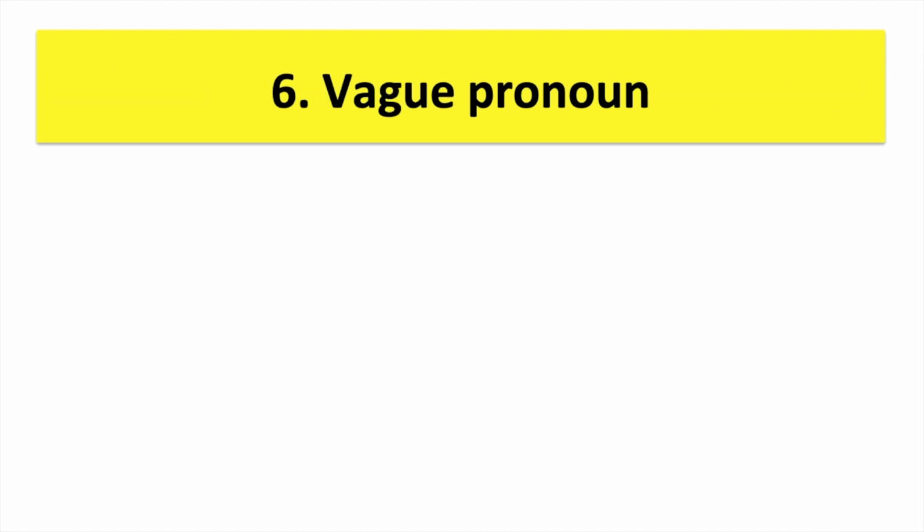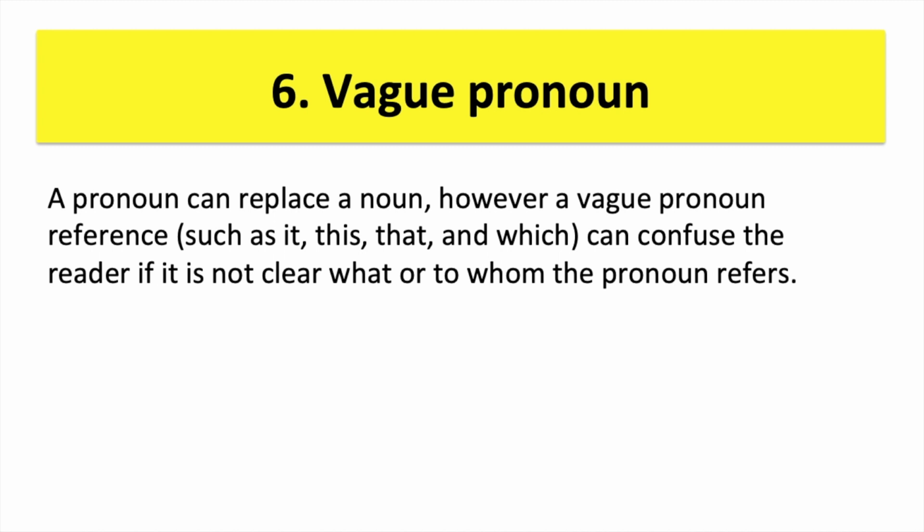Vague pronoun. A pronoun can replace a noun. However, a vague pronoun reference such as it, this, that, and which can confuse the reader if it is not clear what or to whom the pronoun refers. Let's have a look at an example.